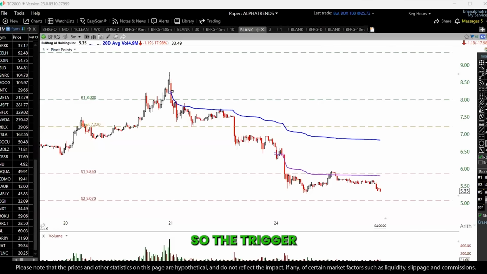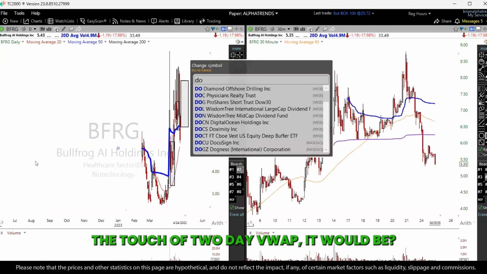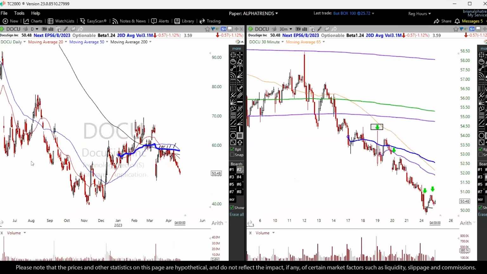I'm sorry, so the trigger for the entry wouldn't necessarily be the touch of the 2-day VWAP? No, what you want to see is that there's still buyers at the prior day's VWAP. So the stock broke out, and this is the fresh breakout.